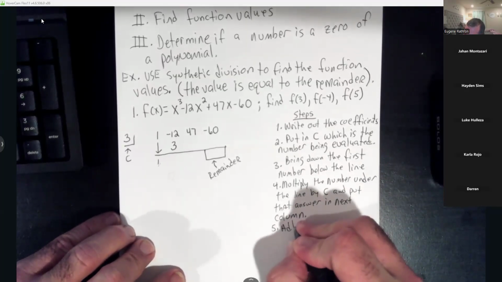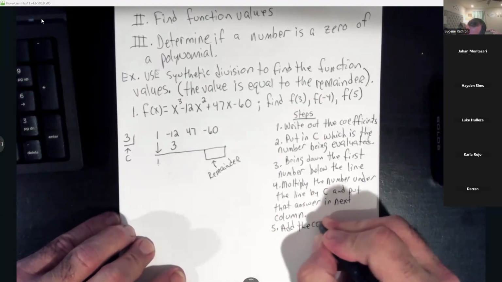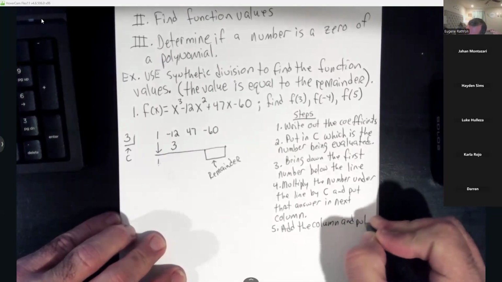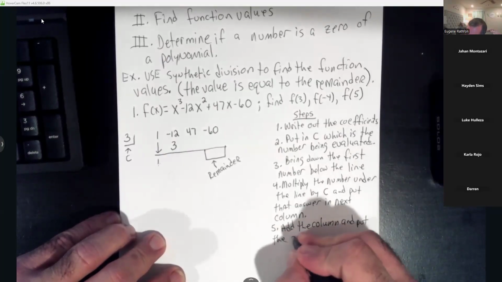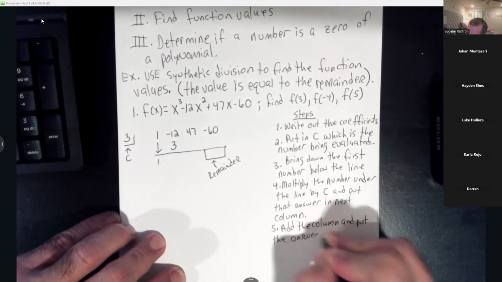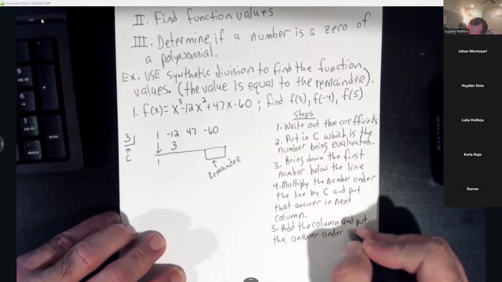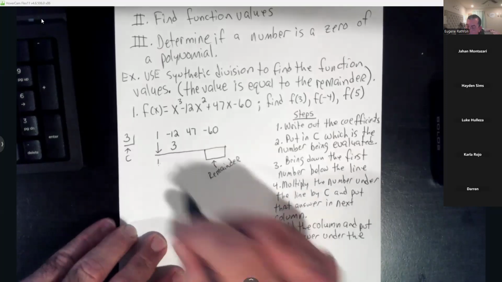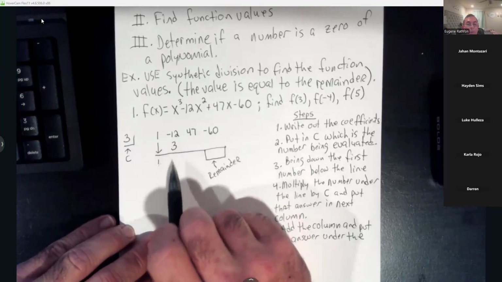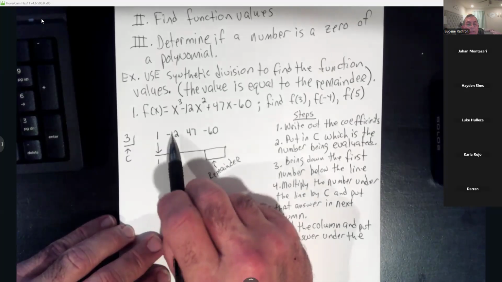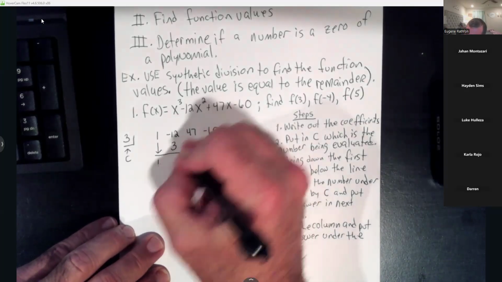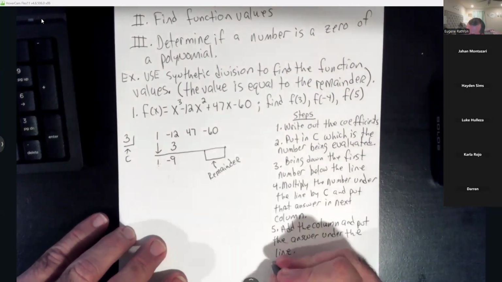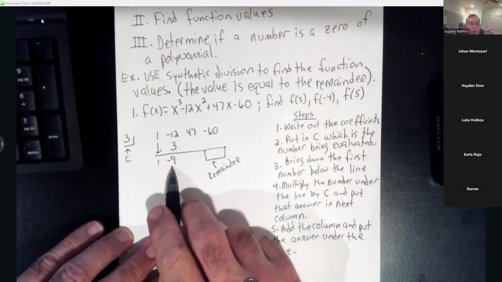You're going to add the column and put the answer under the line. So y'all, you're going to add negative 12 and 3. We're going to put that answer under the line. So negative 12 and 3 give you a negative 9. And I put it below the line.